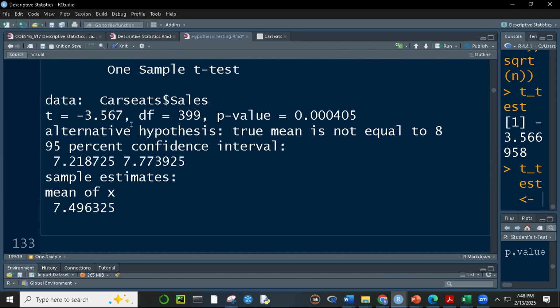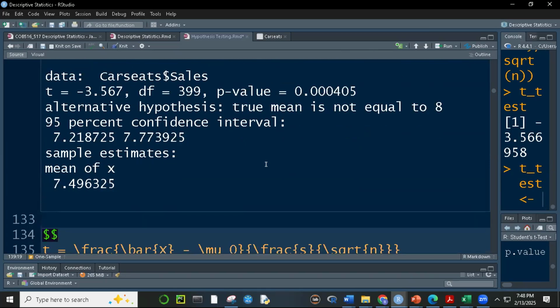So you have your null hypothesis and you have your alternative hypothesis. The alternative hypothesis is the true mean is not equal to 8. And we're given even a 95% confidence interval. So what does this tell us?